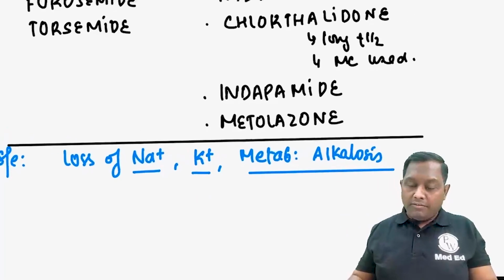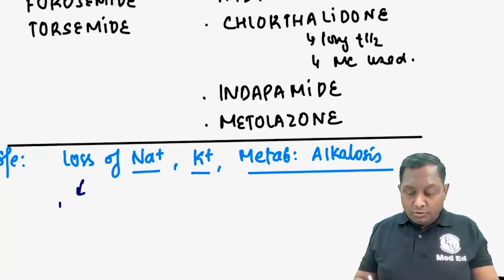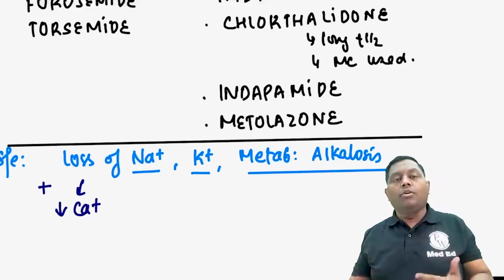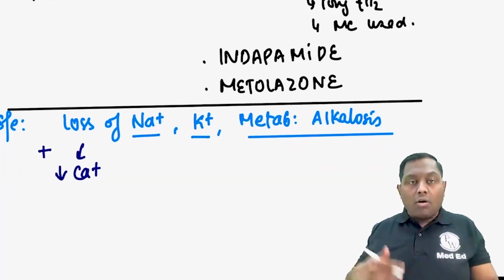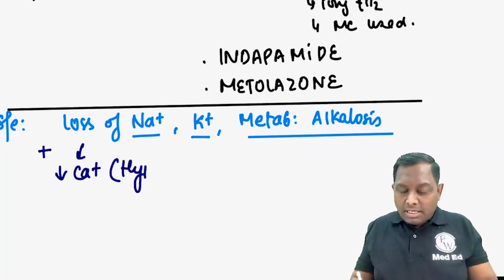In addition to that, your loop diuretics will also cause a decreased amount of calcium, because we know loop diuretics cause loss of calcium. If the calcium is excreted in the urine, can I call this hypercalciuria?